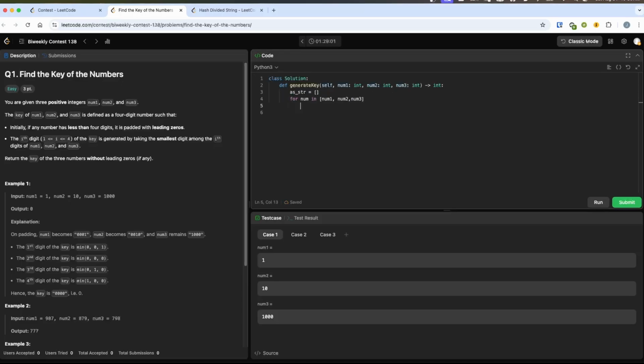We want to check if the length of the string is less than 4, and then we do 4 minus the length of num times 0, plus the string.